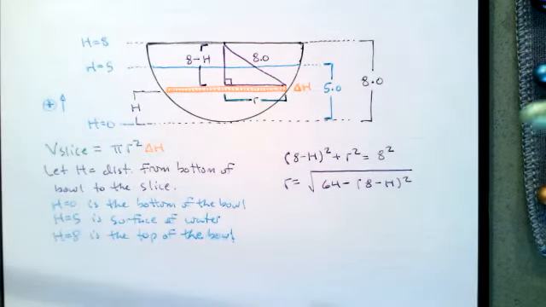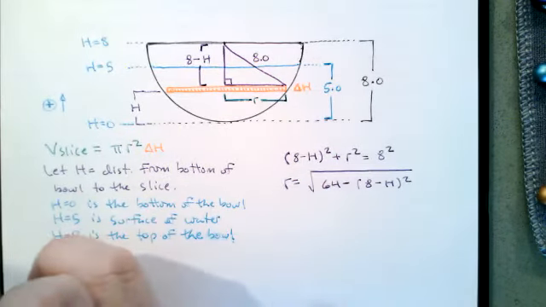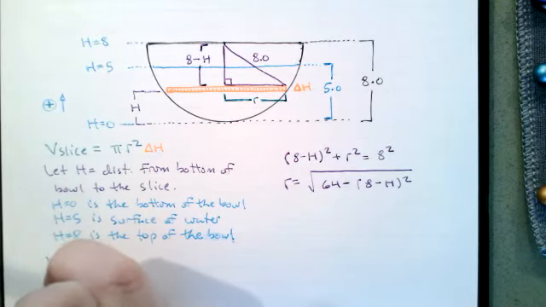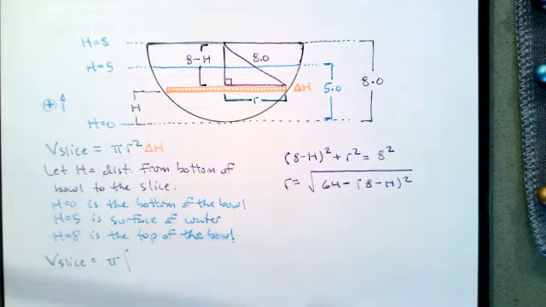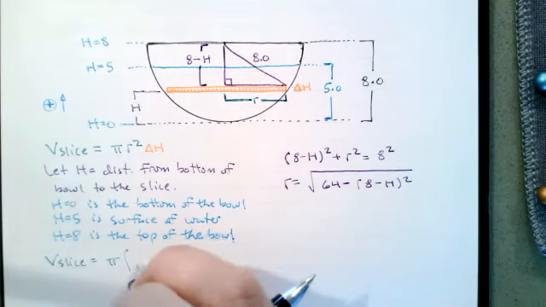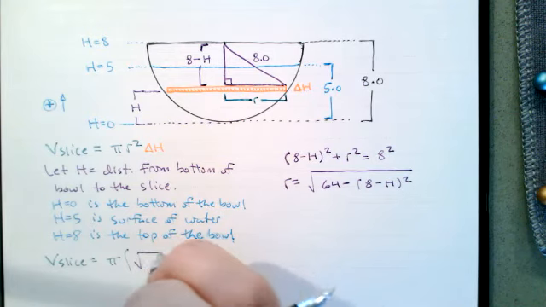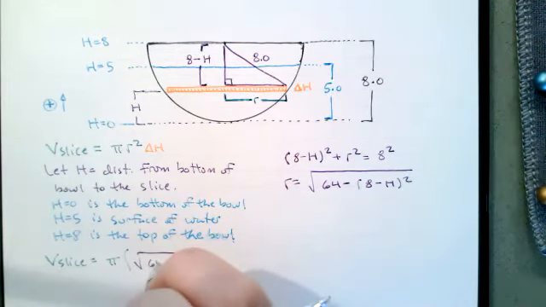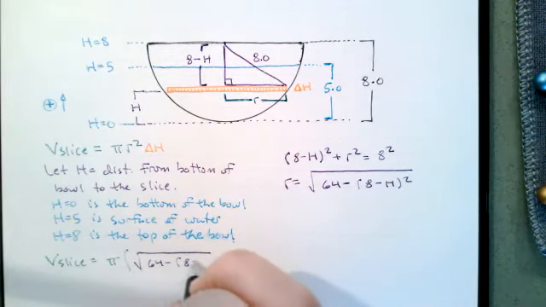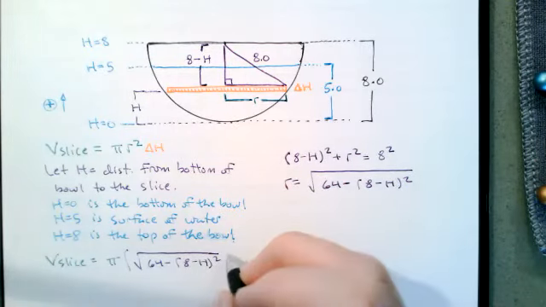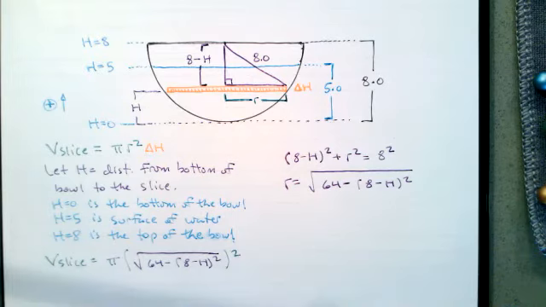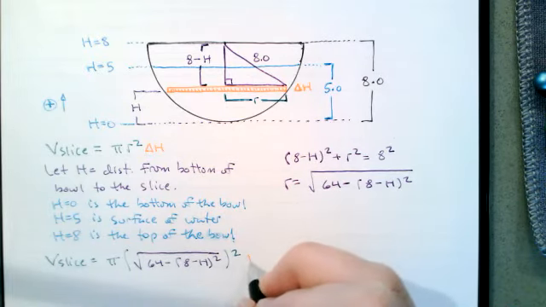So now the volume of the slice is pi times the radius squared, and the radius is the square root of 64 minus (8 minus h) squared, times the delta variable, delta h.